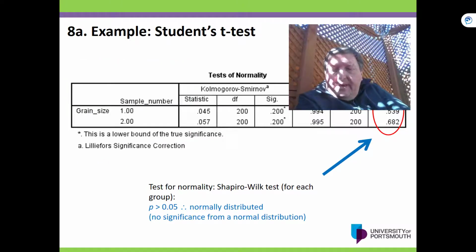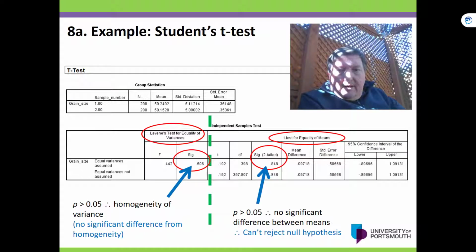Okay, so then we can proceed to the homogeneity of variance test, which is called the Levene's test. And here we can see that the significance value here, 0.506, tells you that it's greater than 0.05, which is our alpha value again.